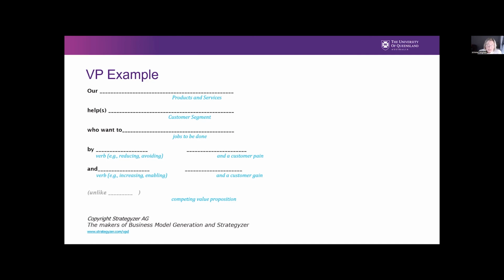And then again, with another verb, helping with a customer gain. You can also go further and look at any competing value propositions and compare it to another business or organisation who may be offering something similar, or what their current offering is.